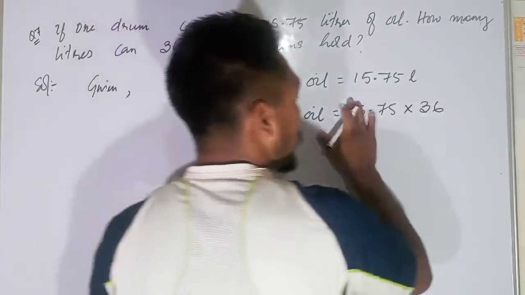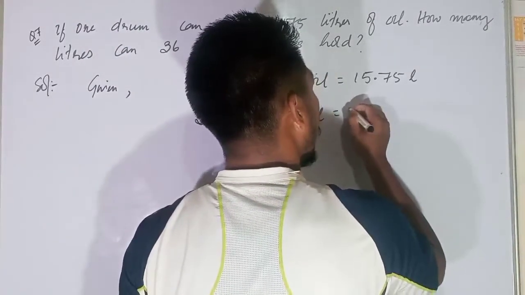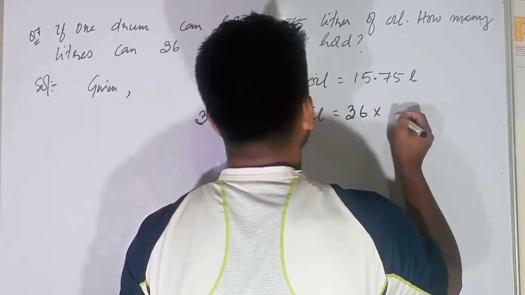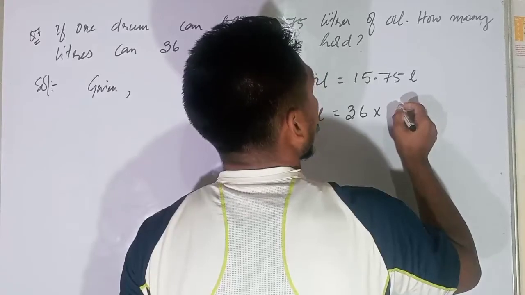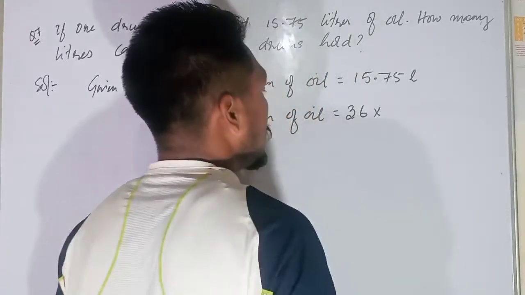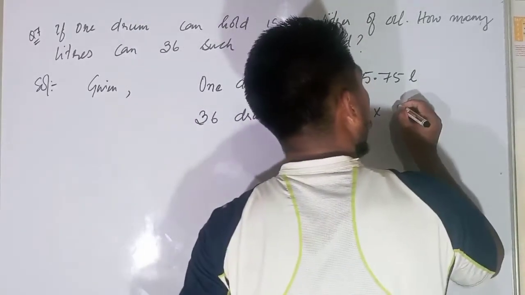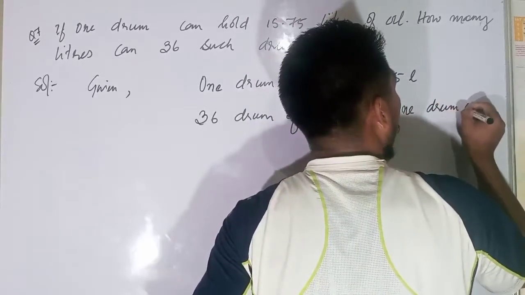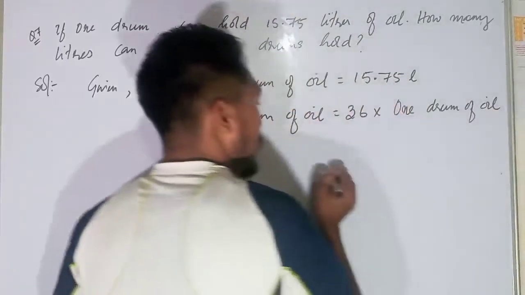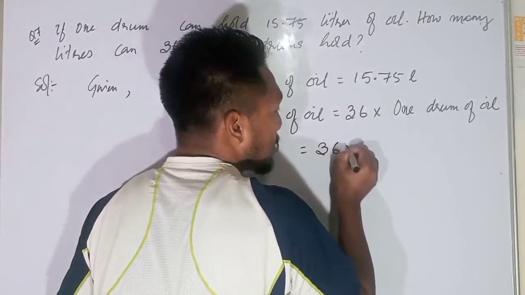Or you can also write it this way: 36 into 1 drum of oil. Okay, that means what? 36 into 1 drum of oil is how much?